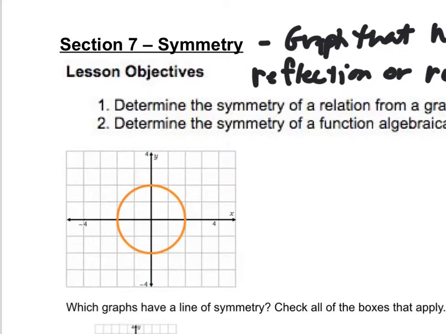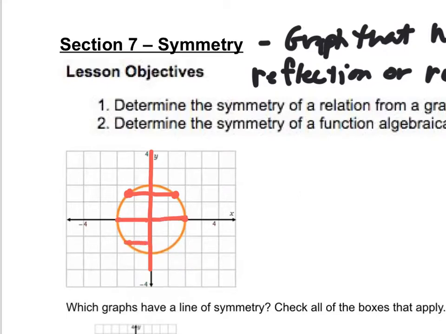What I know here is that this circle has a number of lines of symmetry. I can draw a line going down the middle, and each point is symmetric on either side of that line, equidistant from the line of symmetry.